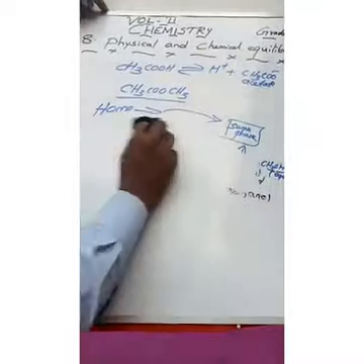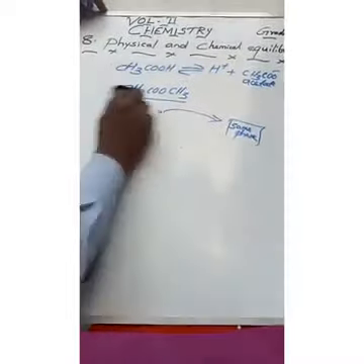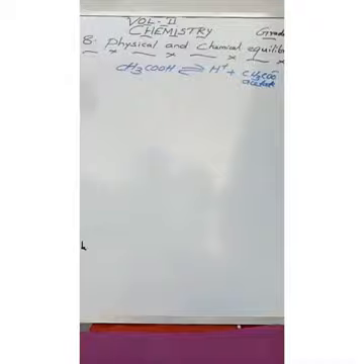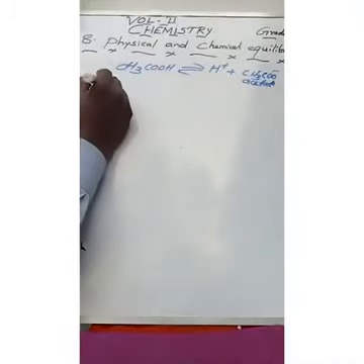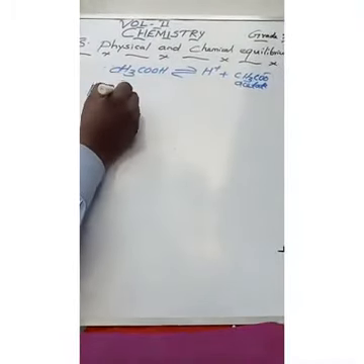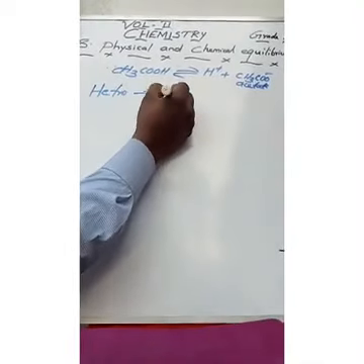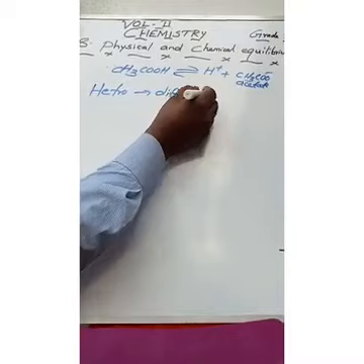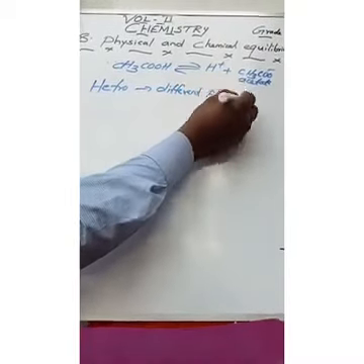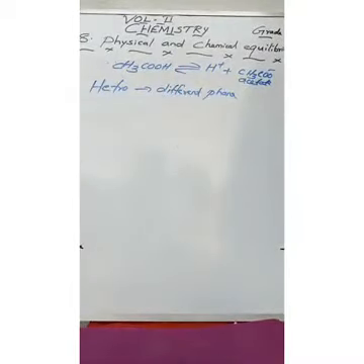What about heterogeneous? Heterogeneous means that the reactants and the products are in different phases. If the reactants and the products of the reaction in equilibrium are in different phases, different means hetero, same means homo.